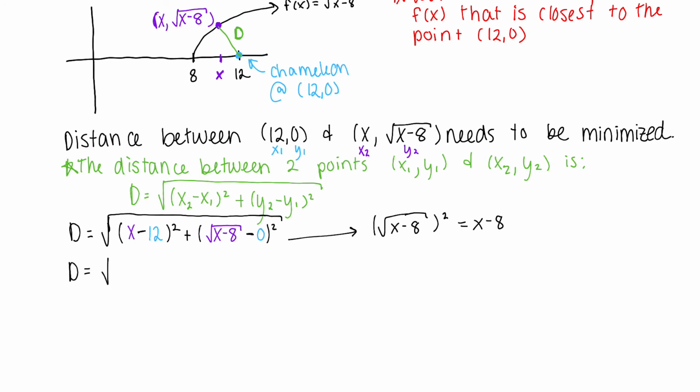So foiling x minus 12 squared, we have x squared minus 24x plus 144. That would come from that very first one being FOILed out. And then the second one, like we said, would turn into x minus 8.